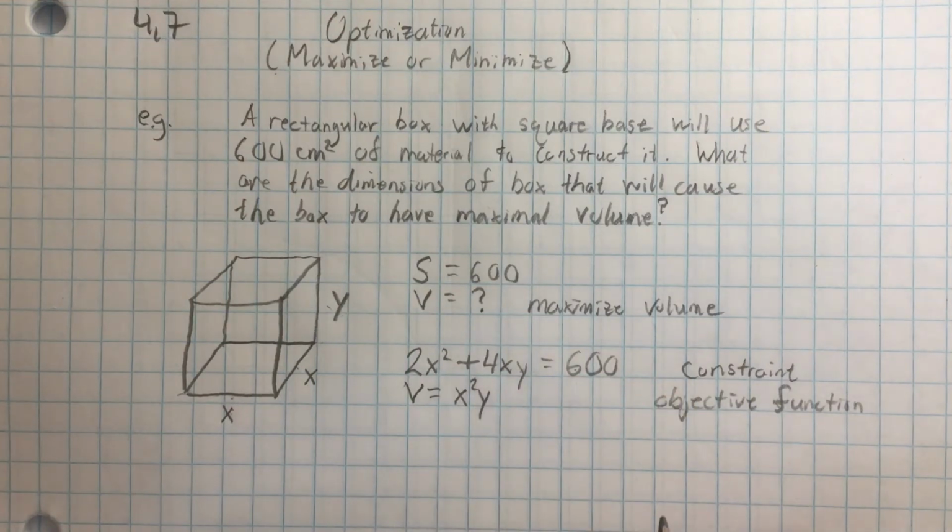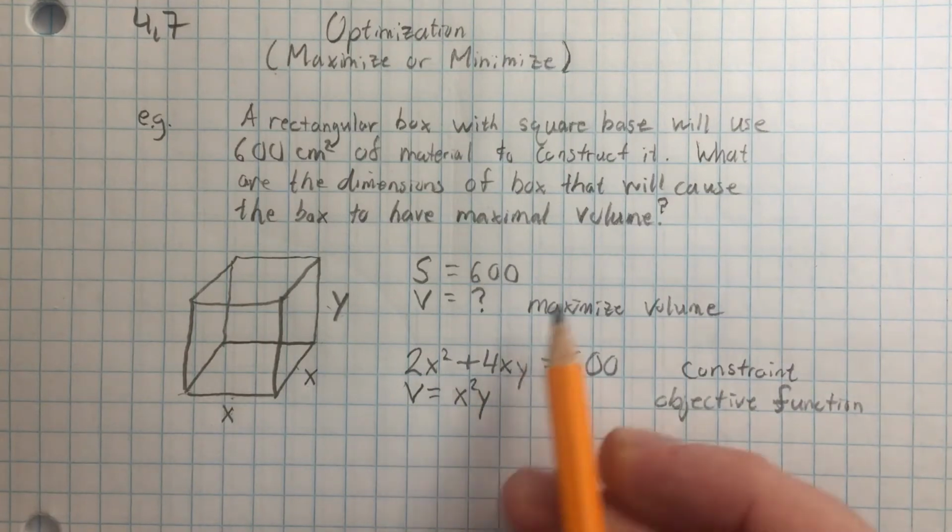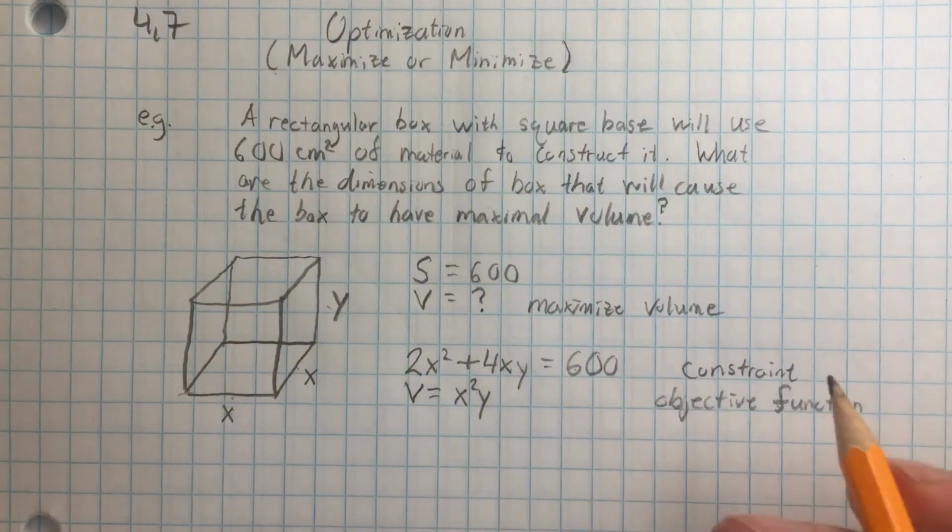All right, so how do we use them in tandem? Well, the main point is this. My objective function is the volume. I want to maximize volume. So what should I do?